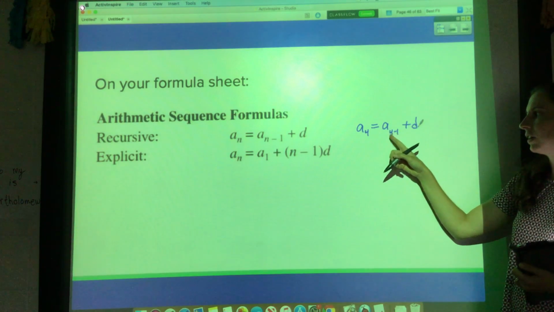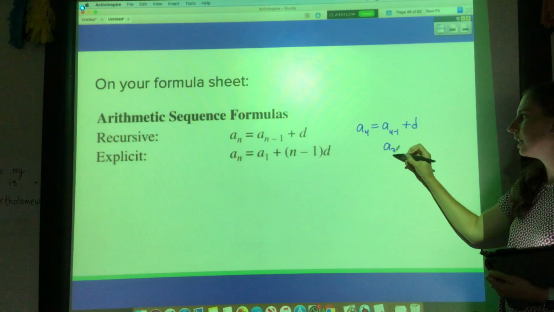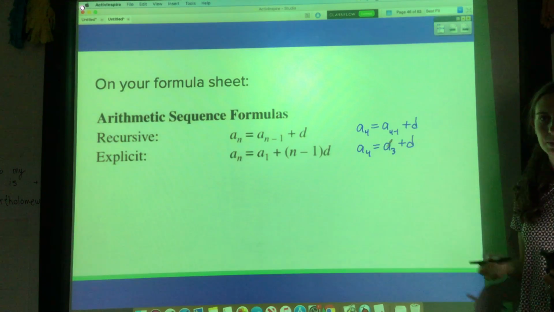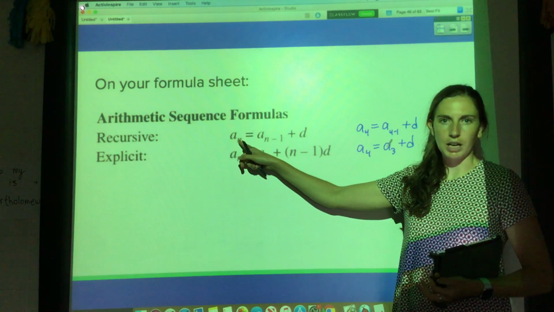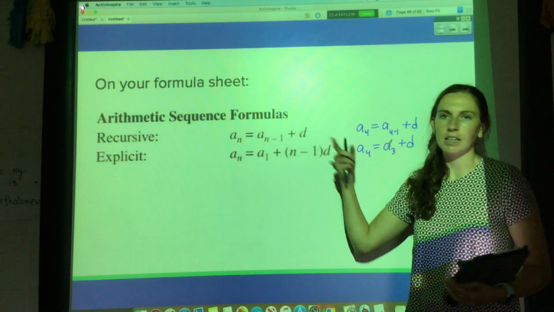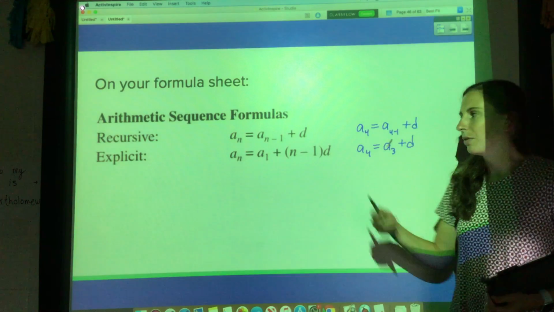So if I take the term minus 1, that gives me a3, which is the term before it. And then I add the common difference. Or if I wanted to find a100, the 100th term, I would take the 99th term and add the common difference. The problem with this is you have to know the term before it.